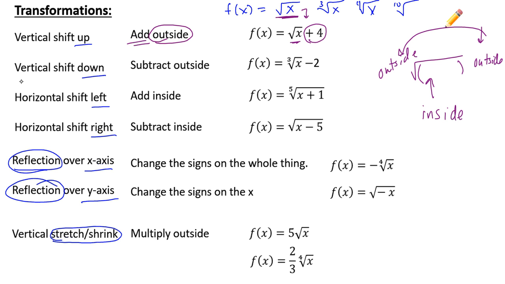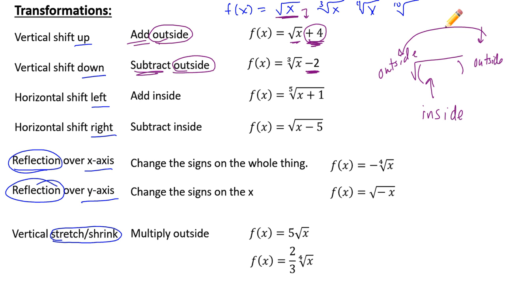Okay, so for vertical shift up, adding outside. You'll notice this 4 is not underneath the radical. Vertical shift down, you're subtracting outside, which is this -2 right here. Doesn't matter that it's the cube root. It's -2 and it's outside the radical, so it would be a vertical shift down.